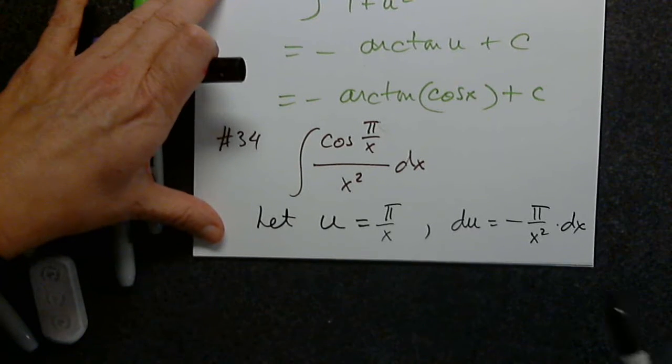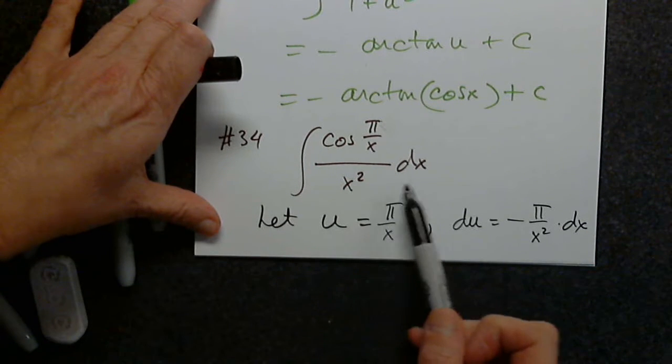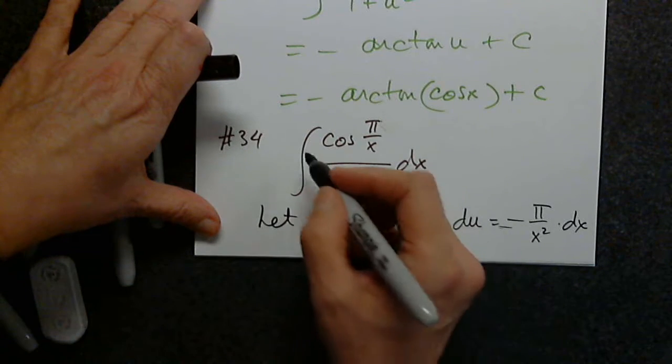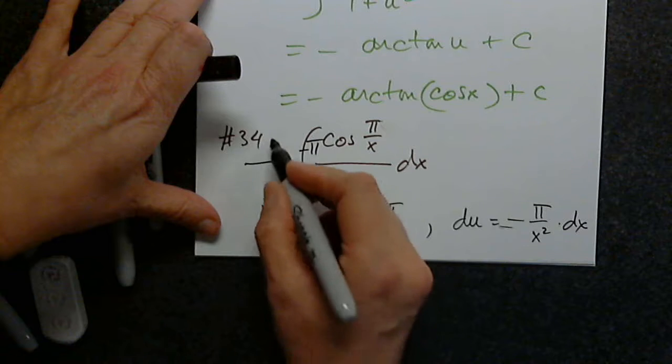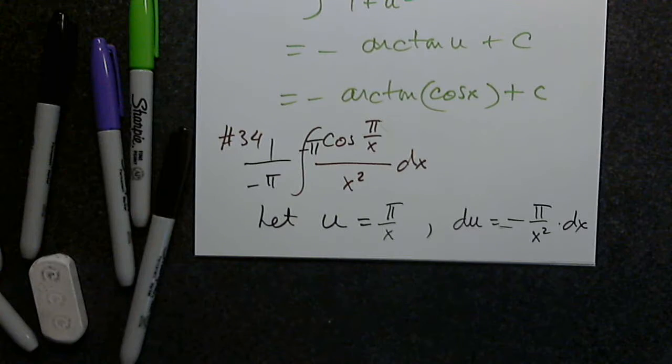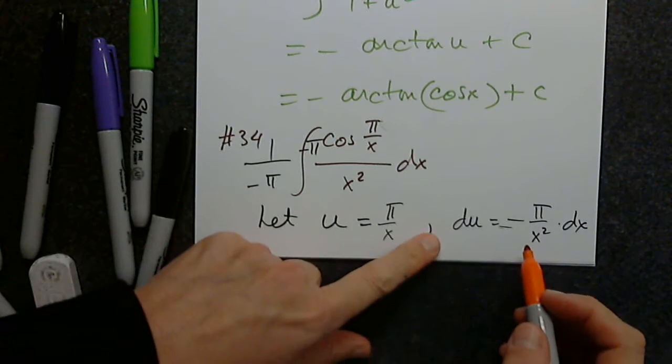Okay, so I have the x squared. I have the dx in the numerator. The only thing I'm missing is negative pi. No worries. I can always multiply the top by negative pi and multiply the denominator by negative pi without changing anything. So now careful.